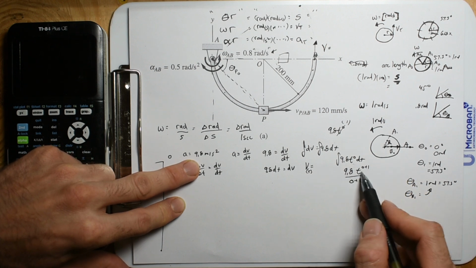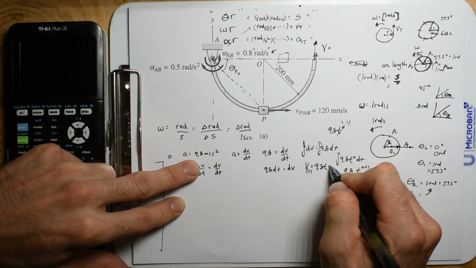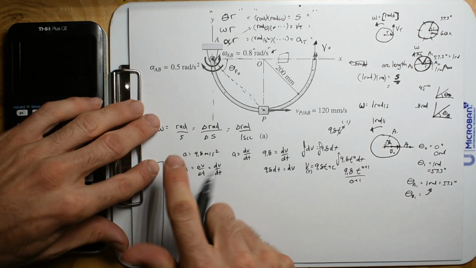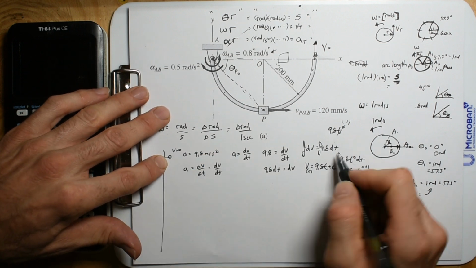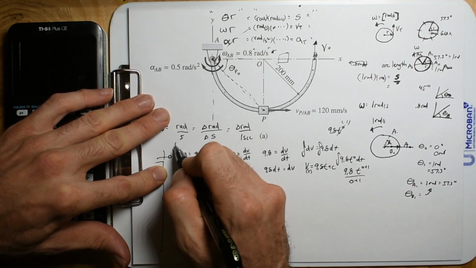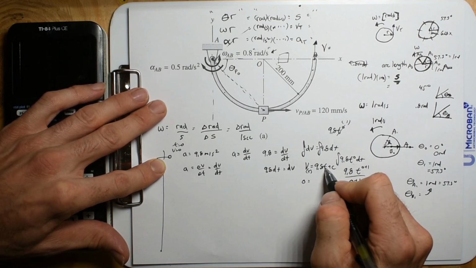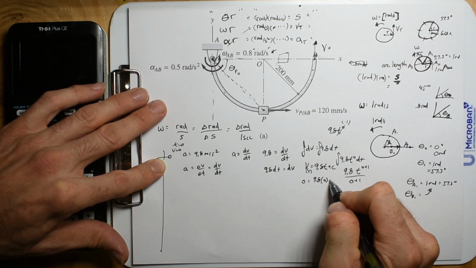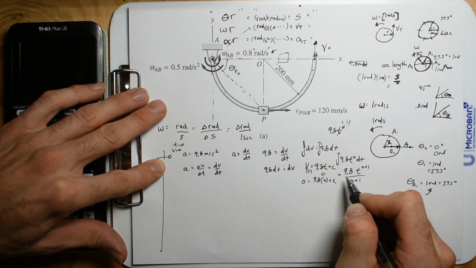So we get 9.8 t to the 1, which is really simply 9.8 t plus a constant. For problems like this, where you set your velocity equal to 0 at time equal to 0, we get 9.8 times 0 plus c, so 0 equals 0 plus c, and c has to be 0.